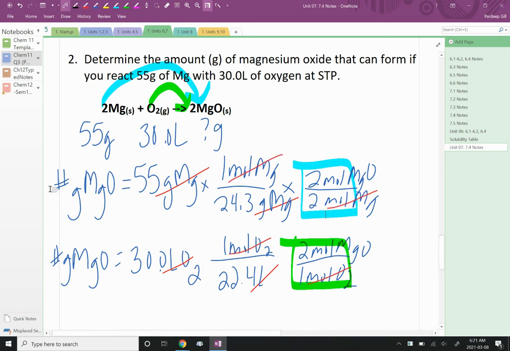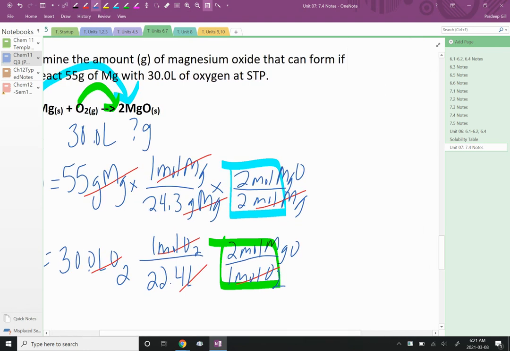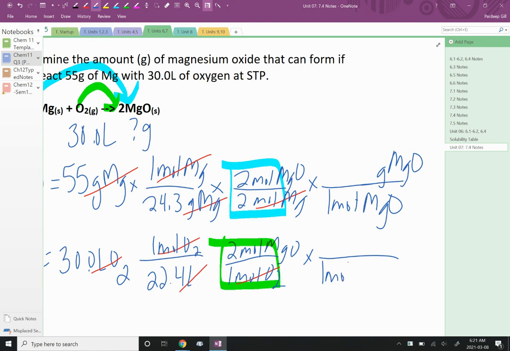Now we're left with moles. The question is saying go to grams, so we just need to do one more conversion here. For 1 mole of MgO, we need to figure out its molar mass, and the molar mass is going to be 40.3.